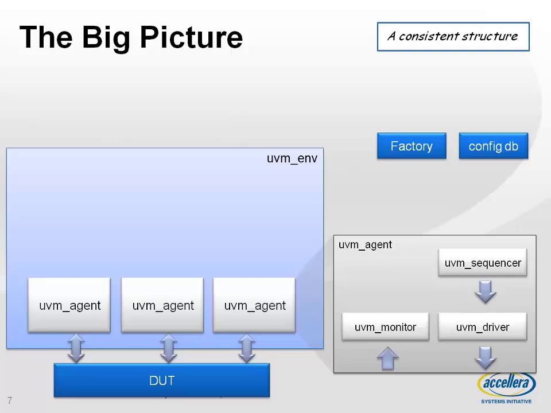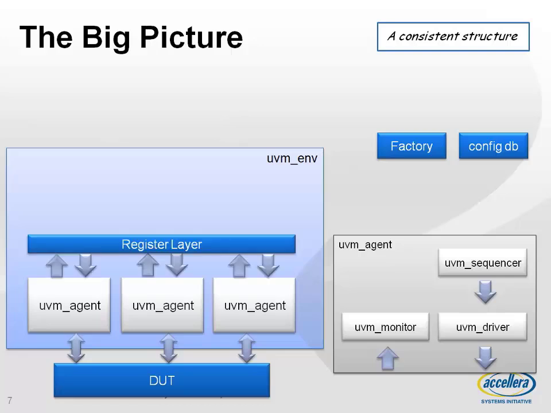Then we go ahead and we instantiate an agent for each of the major interfaces on the design under test. We may then optionally make use of the register layer. And the register layer, which Tom is going to tell you all about later on, is a way of abstracting the registers in the design under test so that you don't have to build physical addresses into your test.